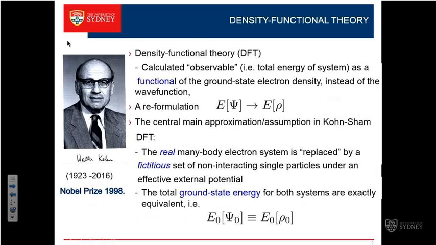Due to Walter Kohn, he developed this theory where he calculates the total energy of your electron system with your atoms, your condensed matter system, not as a function of the wave function of the electrons, but as a function of the electron density. You can imagine this electron density just tells how many electrons there are at any point x, y, z in your crystal. So the density is just a function of 3 variables.